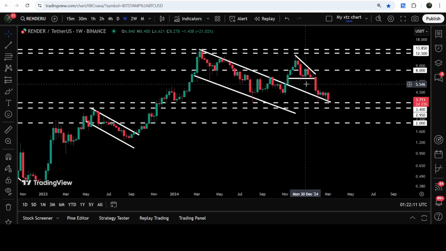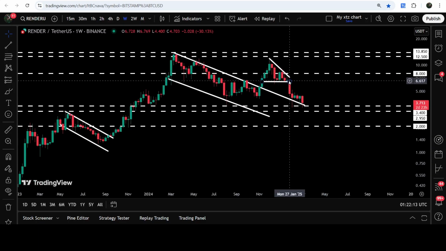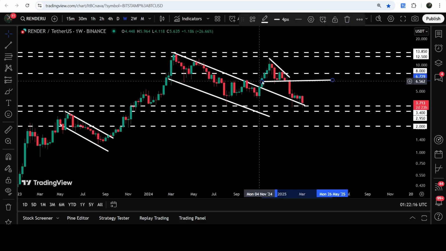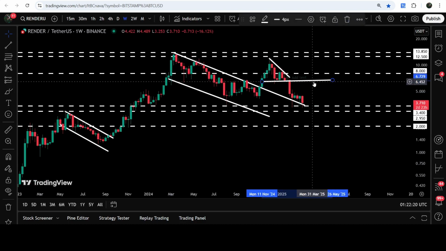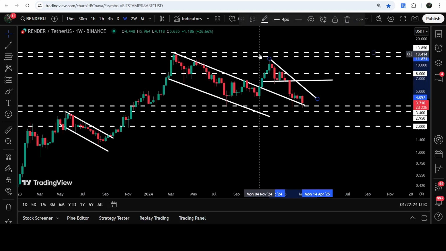And for example, if the price then starts another reversal from here, then first we will need to break out the previous support of the triangle that can now work as resistance approximately at $6.70 or 72 cents. And we will also need to break out this downtrend line resistance as well. That is the resistance of the previous triangle that can again work as a resistance for the price. And then it can hit the long-term resistance of $8 somewhere here.